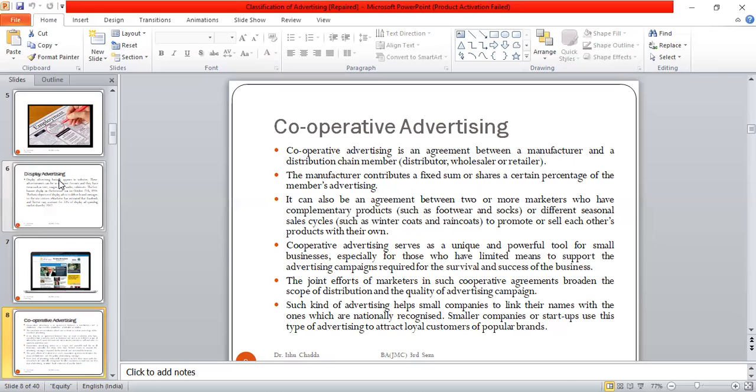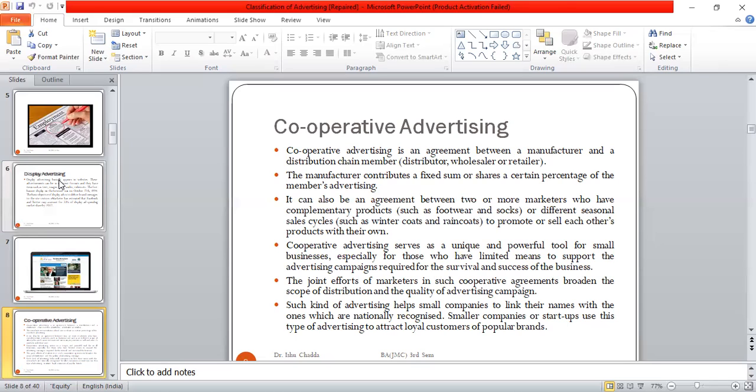Cooperative advertising serves as a unique and powerful tool for small businesses, especially those who have limited means to support the advertising campaigns required for the survival and success of the business. The two companies merge and bear the cost of advertising together, so they can come up with a very strong and powerful ad.